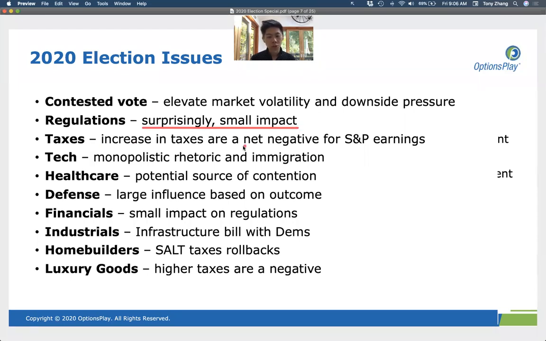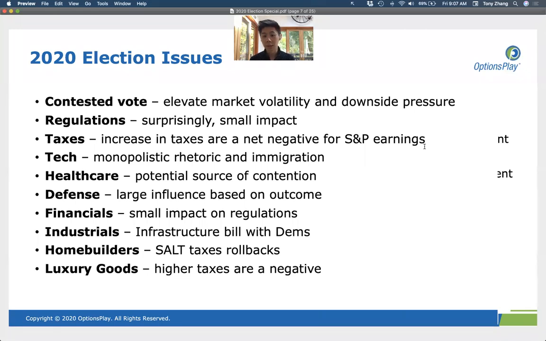Increases in taxes certainly are a net negative for S&P earnings, but today we'll show you, number one, how big is that impact and which sectors are most exposed to this tax increase that potentially could happen under a Biden victory, especially if there is a Democratic sweep.